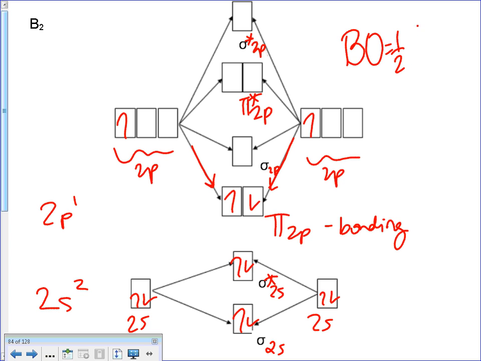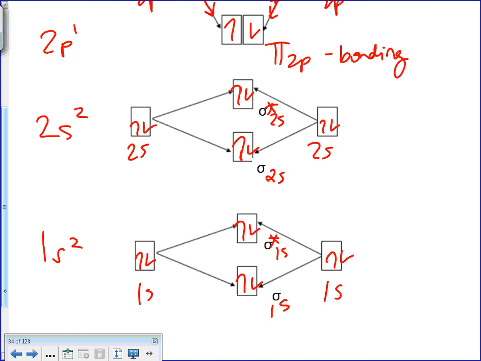So, bond order for diatomic boron. Bond order is 1/2 of the bonding electrons. So I'm going to scroll back down to the bottom. Bonding electrons, we have 2, 4, 6.